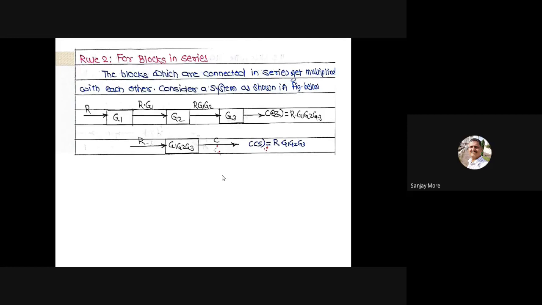R goes into block G1, giving R into G1, then block G2, then G3. The output is R into G1 G2 G3, so these three blocks combine into one block G1 G2 G3, and the output is C of S. When blocks are arranged in series, they are multiplied with each other. Write down and draw it.